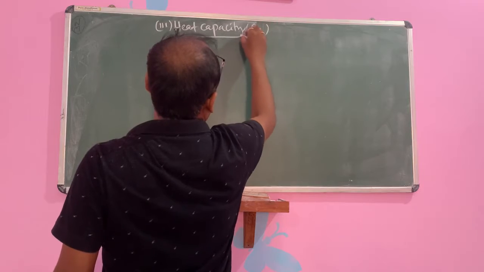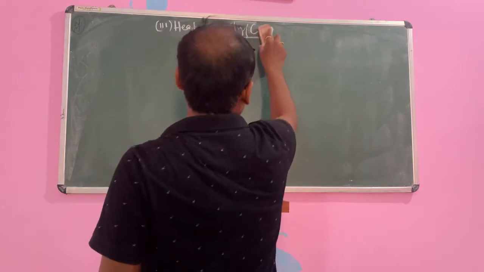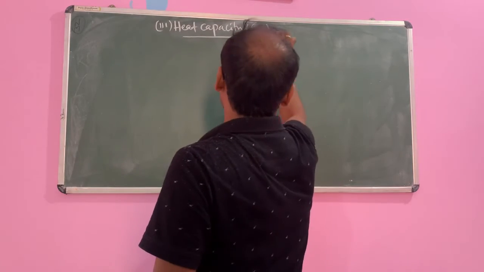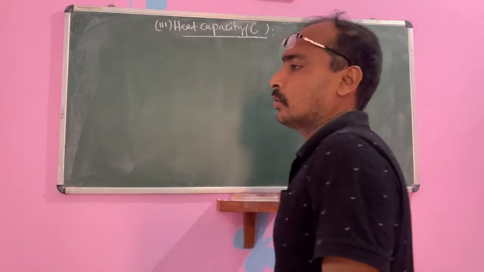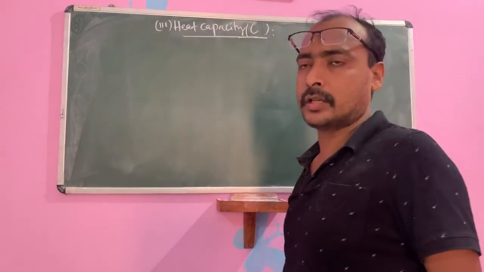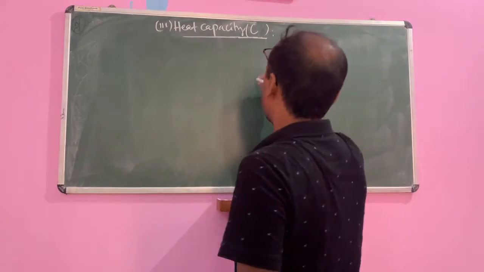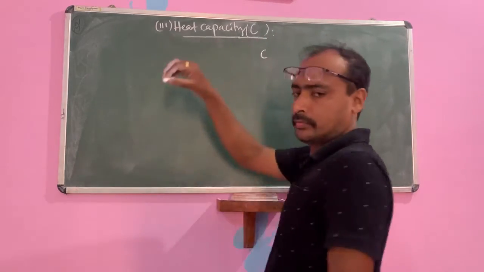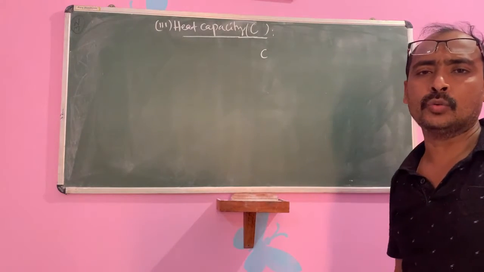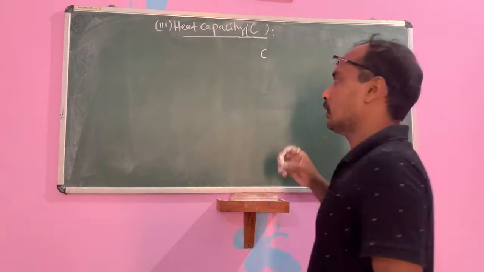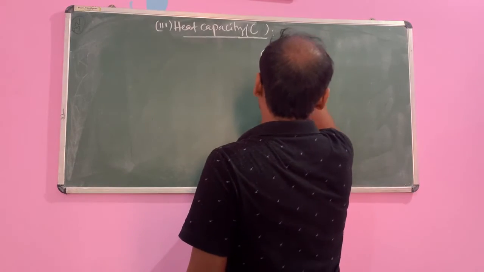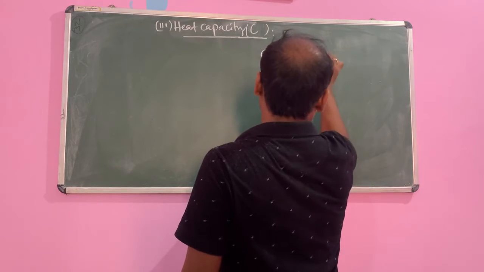Cp and Cv, the two heat capacities related to pressure and volume, we will discuss in the next lesson, in thermodynamics. So heat capacity C is equal to Q by T2 minus T1, where Q is the heat and T2 minus T1 is the temperature difference.